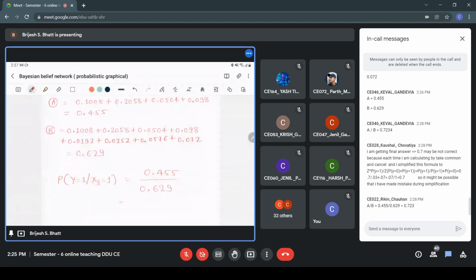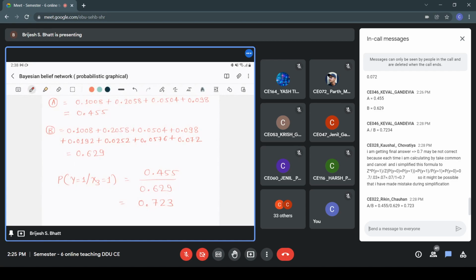That is 0.723. So yes, if x3 is observed to be 1, then we believe that y would also be 1.